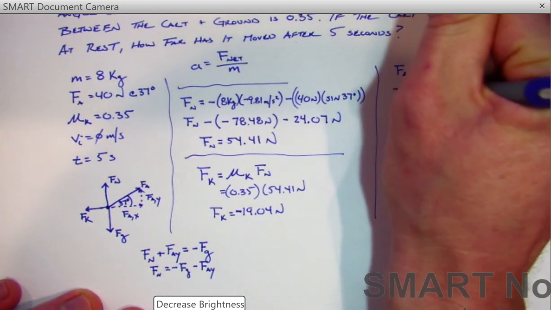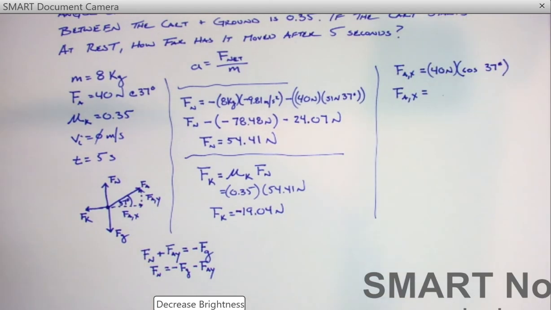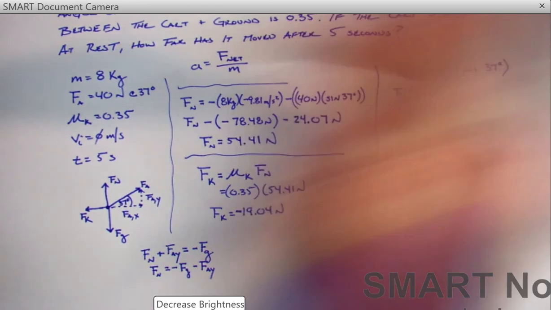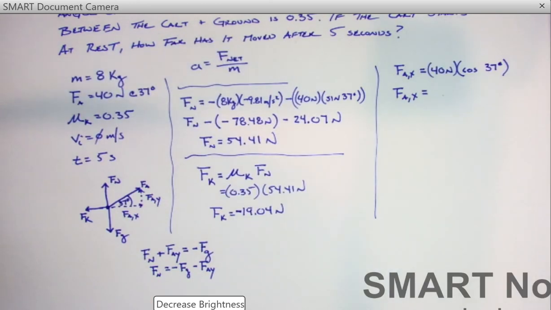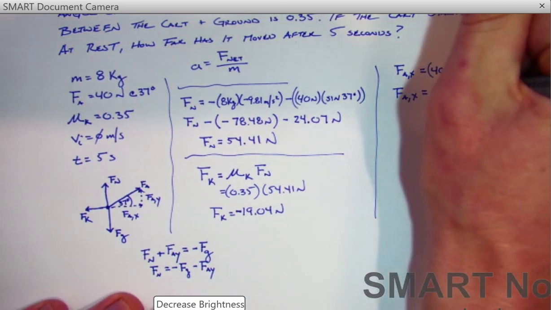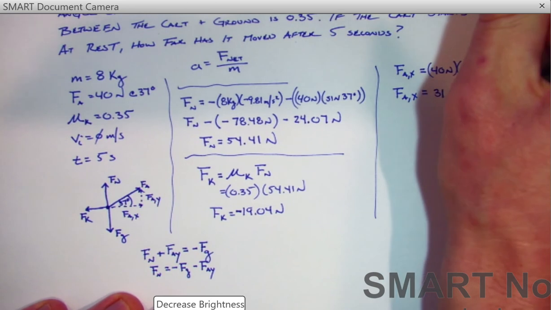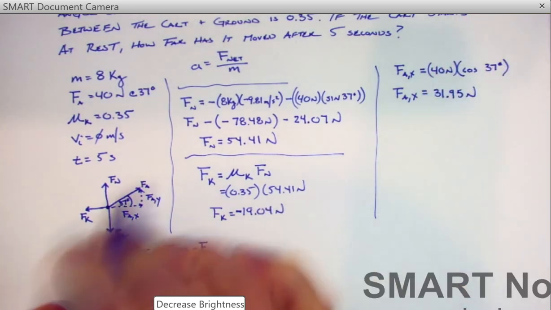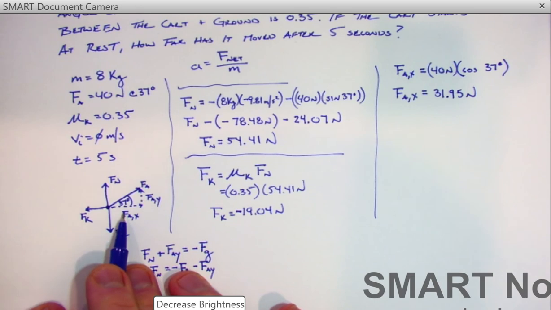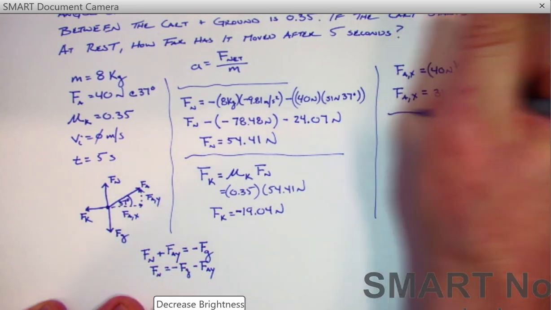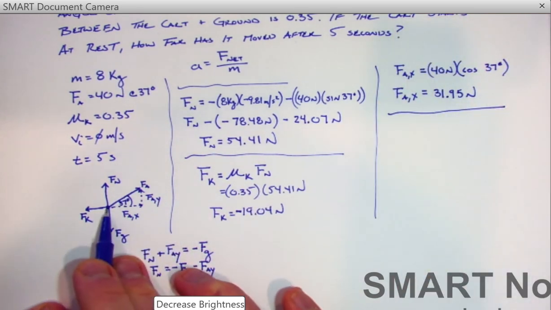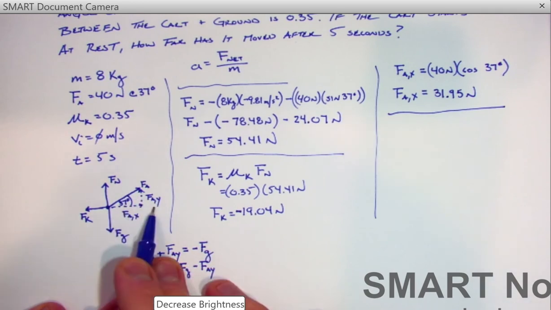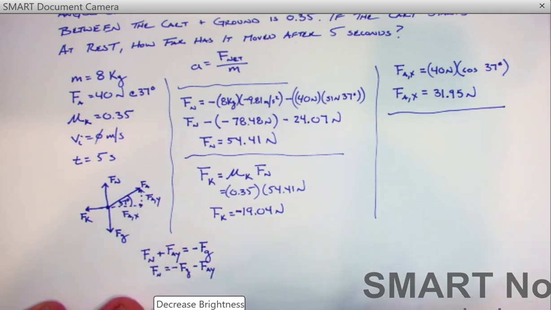So F applied X is cosine of 37 degrees times 40, which gives me 31.95 newtons. And that's to the right, so it's the positive direction. When the cart is pulled by the horse at this angle, we know it's accelerating to the right, so net force must be to the right.